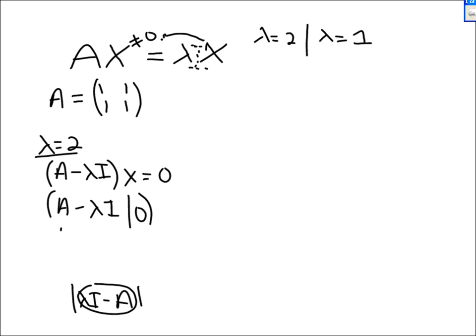Well, A is 1, 1, 1, 1. That's A. And I want to take away lambda I. That is, I want to take away lambdas from the diagonal. Now, what I will say is lambda is 2. That is, I want to take away 2 from all the diagonals.